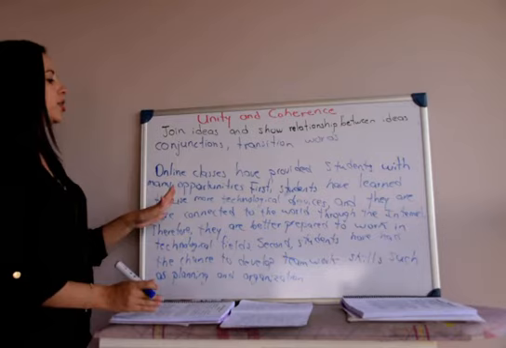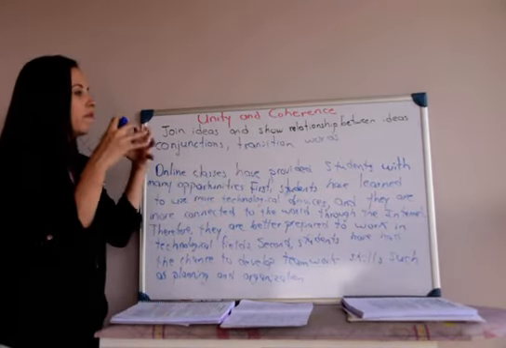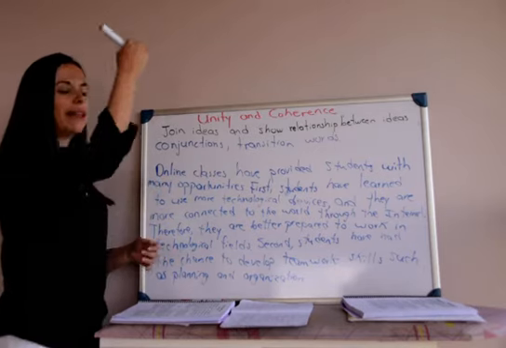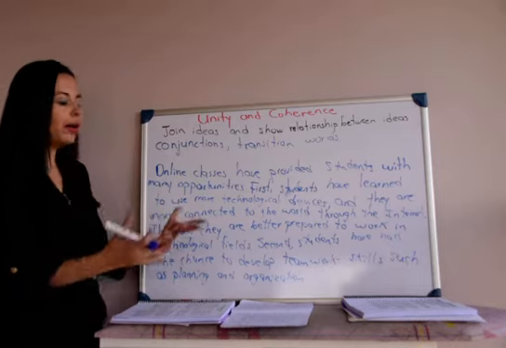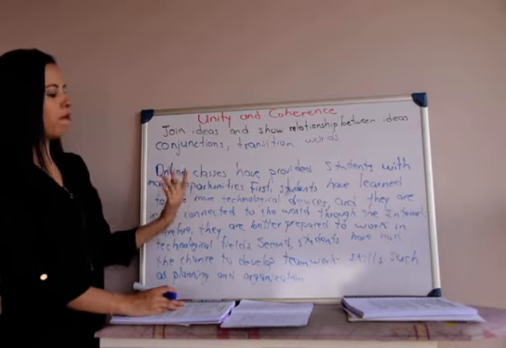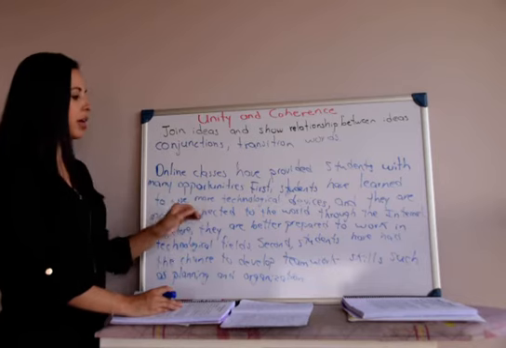But the idea is for you to see how, by using conjunctions, by using transition words, you can give unity to a paragraph. Instead of having a list of sentences, we have a paragraph, right? It says, online classes have provided students with many opportunities. That is the thesis statement, the topic sentence, period.